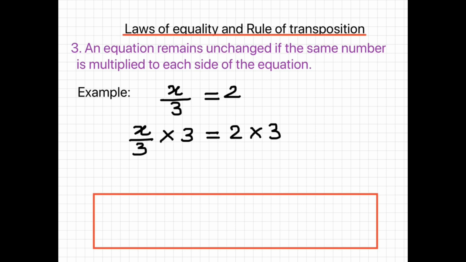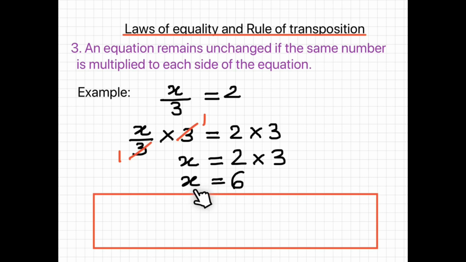On the left hand side, we can cancel out the common factors. That is, 3 times 1 is 3, 3 times 1 is 3. So we get x = 2 times 3. That is, x = 2 times 3 is 6. So we can see that we have got the value of the variable. x = 6.